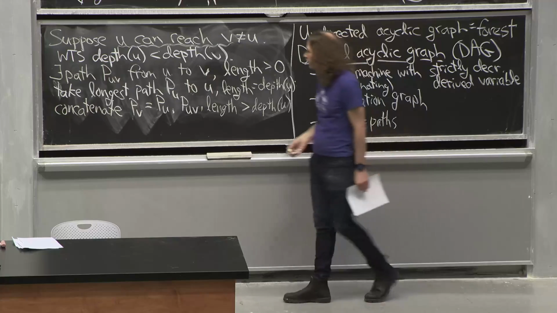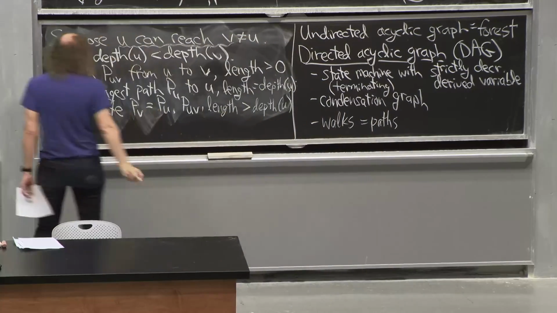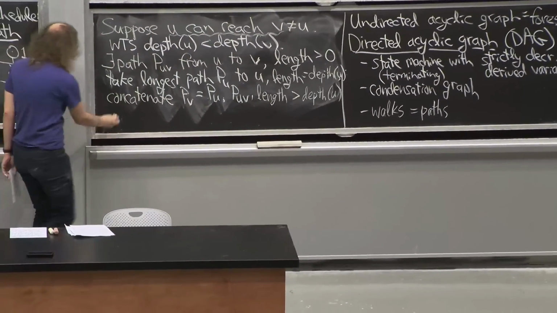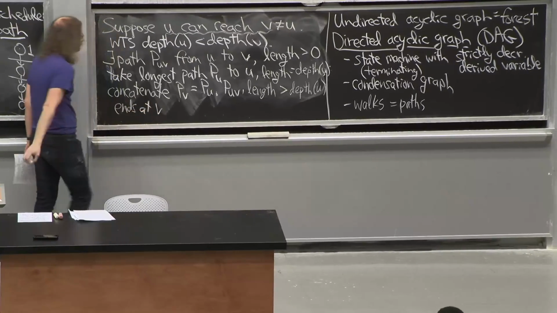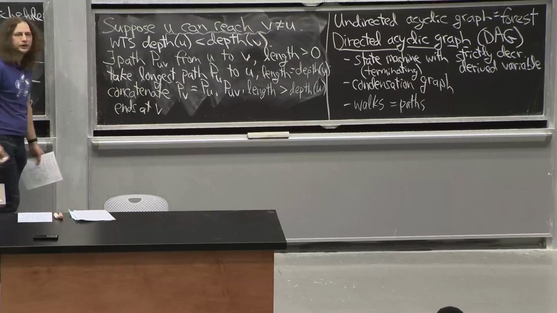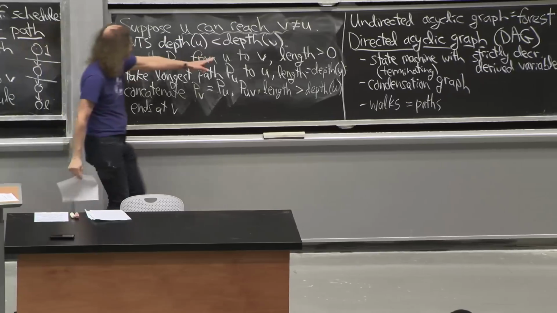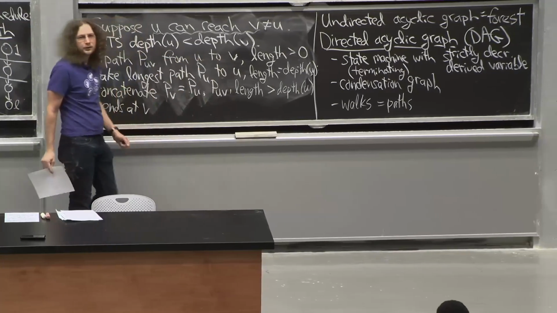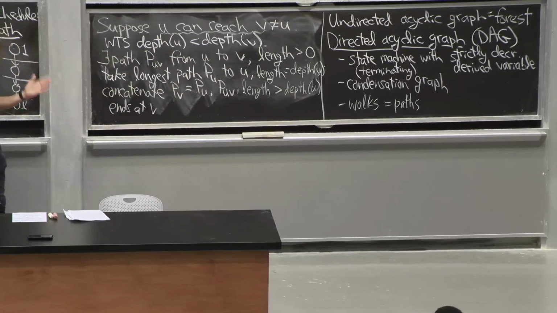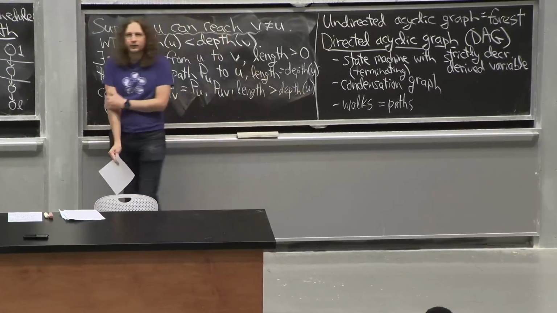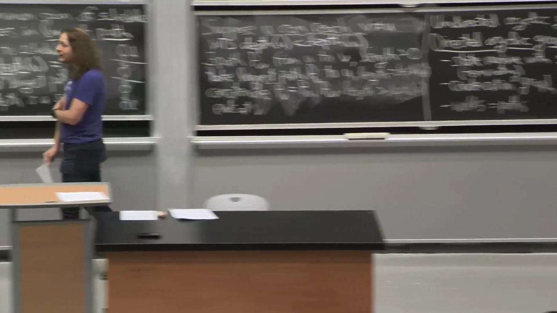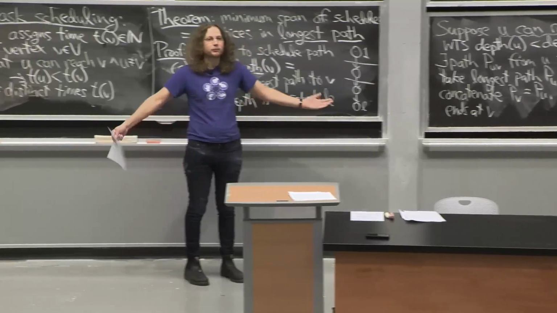Now, what do I know about this path? It is a path that ends at v. P_v ends at v, right? Because if you look at the last vertex it visits, it's v. So this is a path that ends at v, and its length is greater than depth of u. Now, depth of v is the length of the longest path that ends at v.